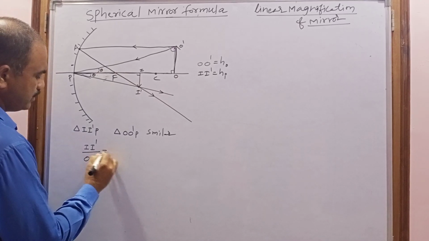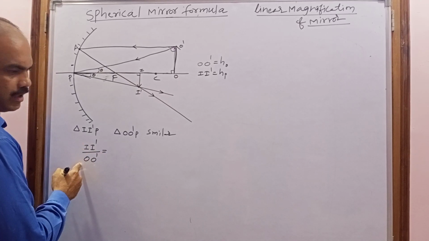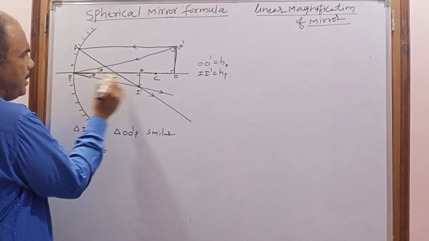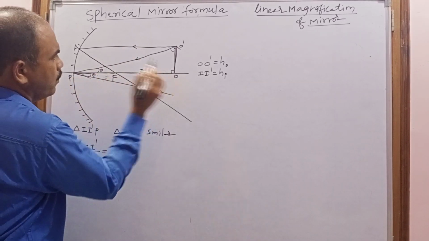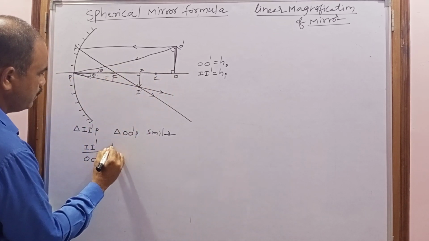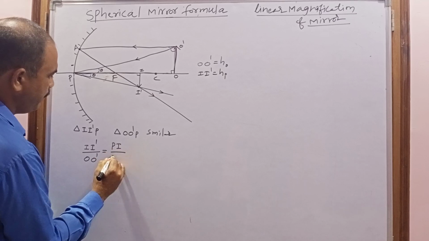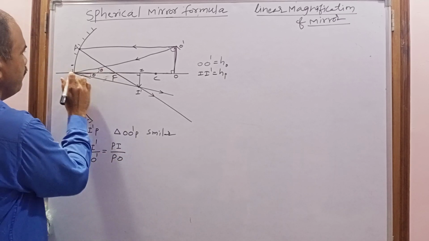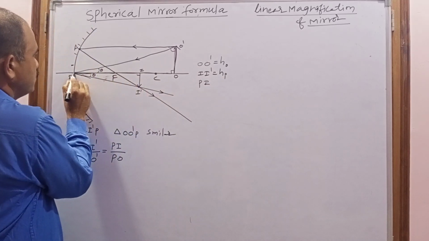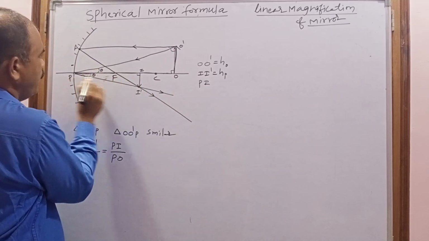And next, these two corresponding sides are proportional to the remaining sides. What are the remaining sides here? PI by PO. What is PI? PI is pole to image. This is the pole and this is the image.